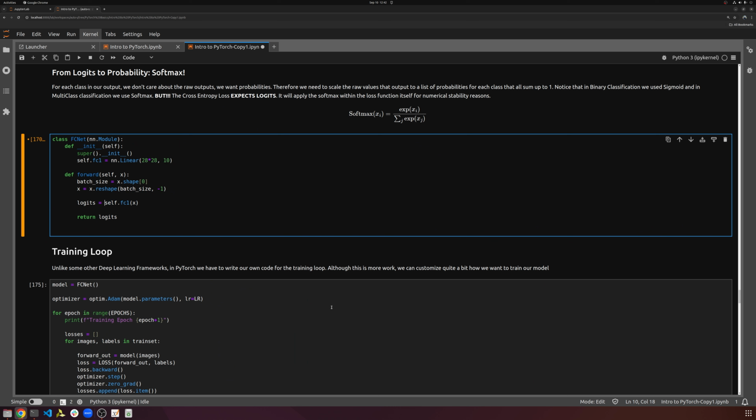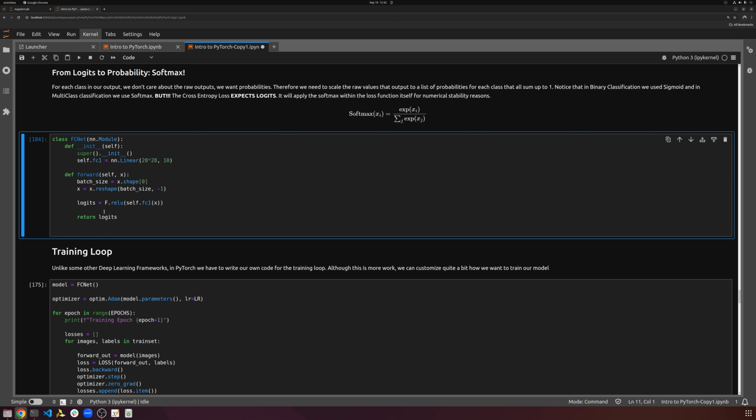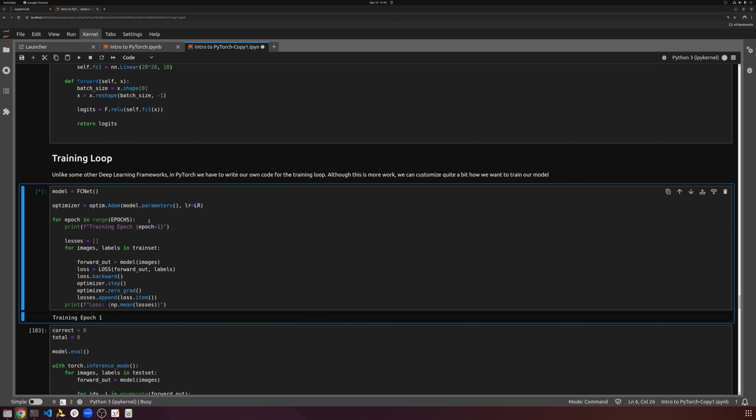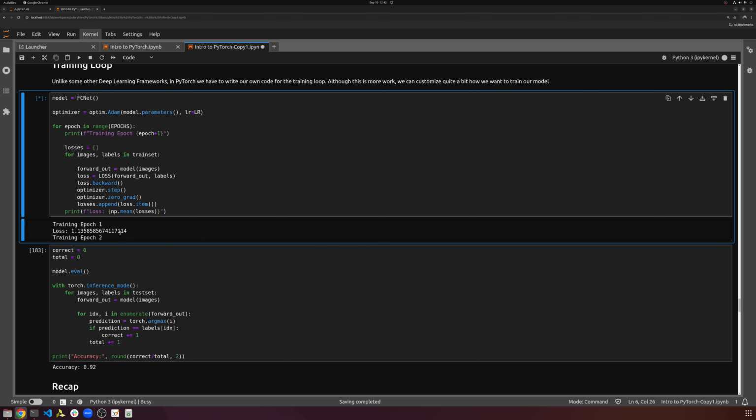So we're going to do F.relu, right? So now we do a linear projection, and then the linear projection is passed into a ReLU function, and that makes our logits. So now this is our model. So let's go back here and let it train.